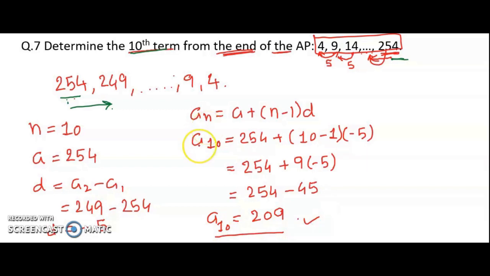So this was the special type of question in which we have to find the 10th term from the end of the AP. So whenever you get this type of question, first of all we will write the given AP in the reverse way, and then we will find out whatever term we want. Okay. So here in this question, the 10th term from the end of this AP will be 209.